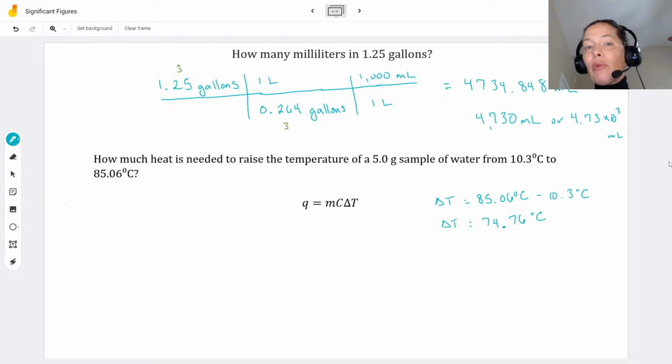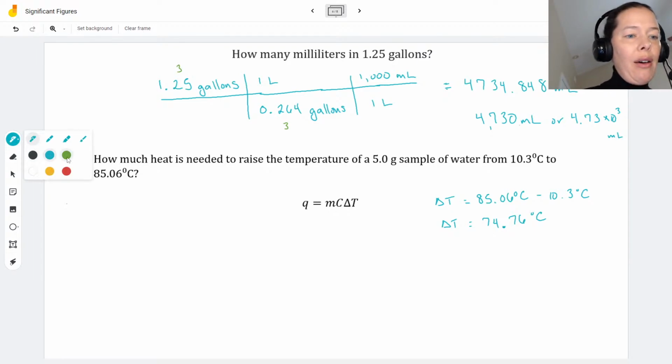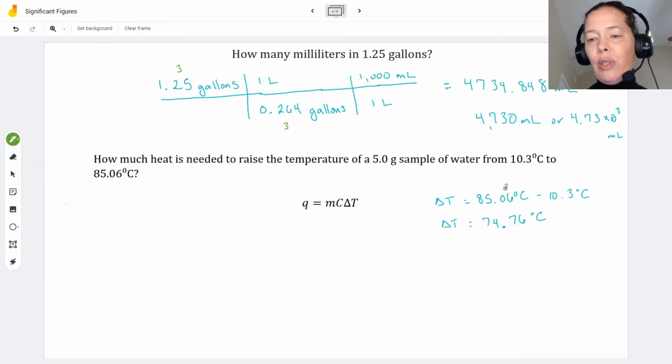Now, using my rules of sig figs, I've got to use my addition subtraction rule. So I'm looking at decimal places. So I have 2 decimal places in my 85.06 and only 1 in my 10.3. So my answer should have only 1 decimal place.